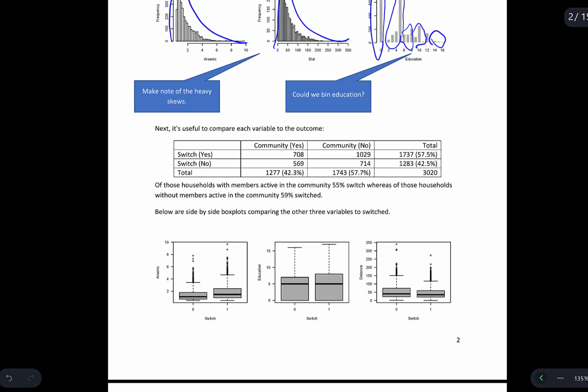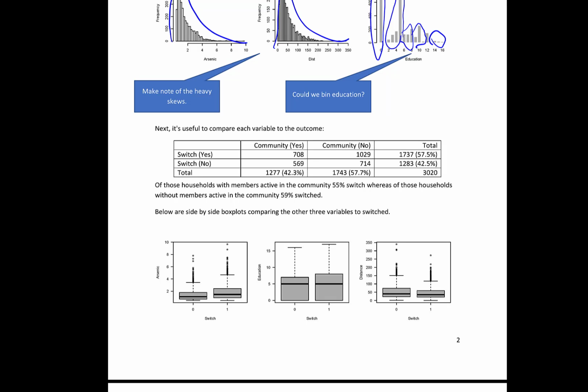And then it's always useful to compare each variable to the outcome. Notice here, if we look at switch yes or no compared to community yes and no, of those that are in the community, so if we condition on community, we have 708 out of the 1,277 that switched, and then for the no's, we have 1,029 out of the 1,743.